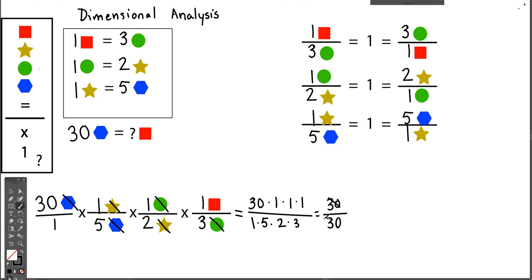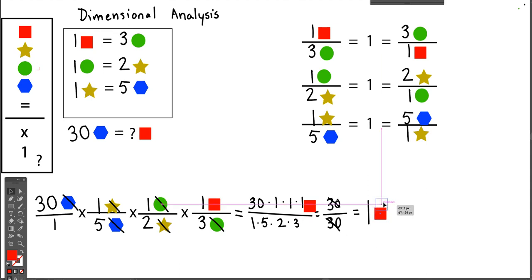We can cancel out both 30s, just like we've been canceling out things all this time. And that equals 1. So we have said that, oops, I made a big mistake there. Hold on a second, because that doesn't make any sense. I forgot that we still had our square over here. And so our answer is 30 blue hexagons is equal to 1 square.